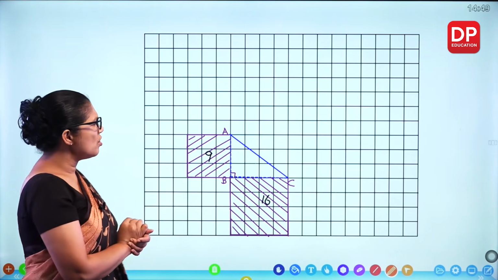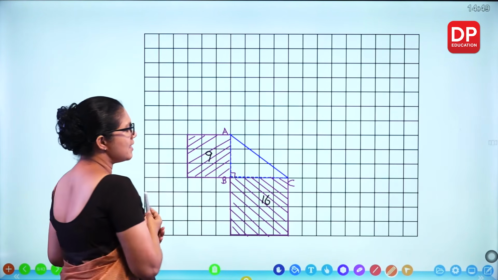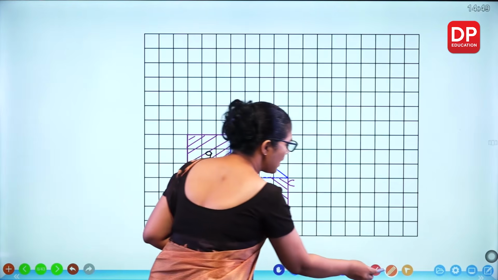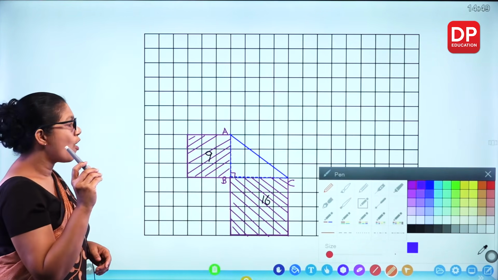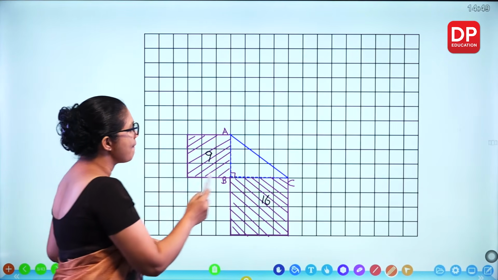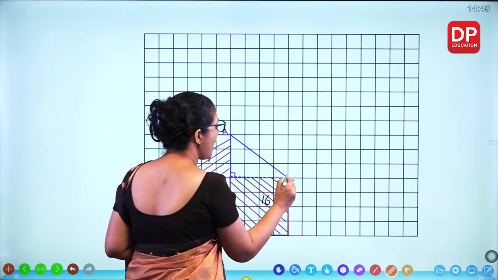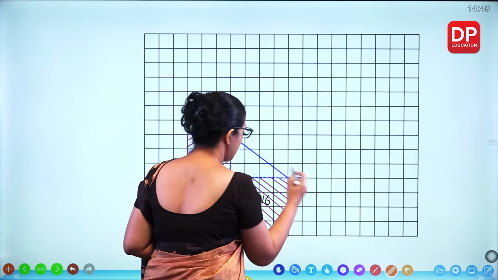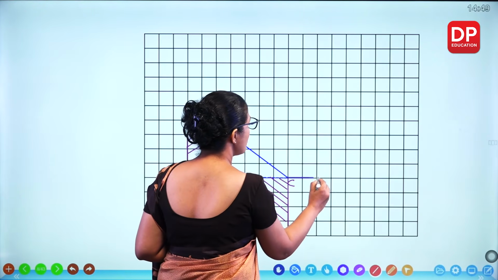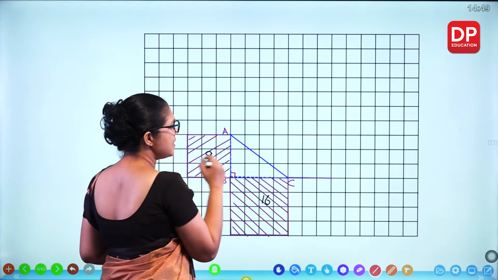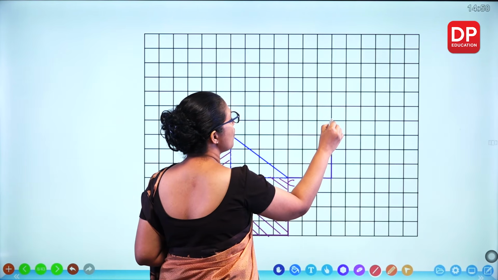Now it's difficult to draw a square there. We can't measure properly. So I am doing this trick to draw the square on AC side. This is 4, so I'm taking 3 squares here. I'm taking 3 squares here, 1, 2, 3, and 4 up. 1, 2, 3, 4.